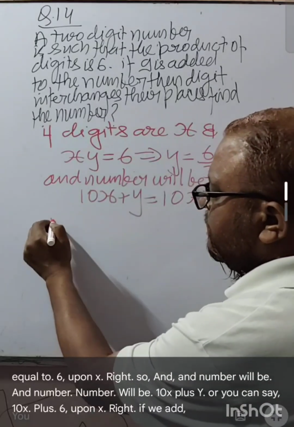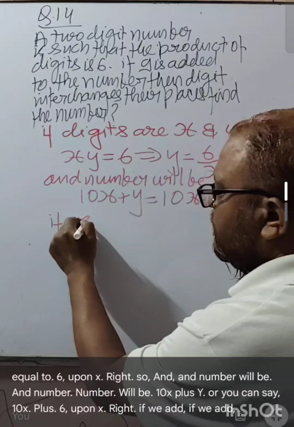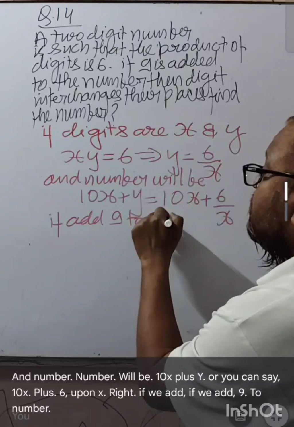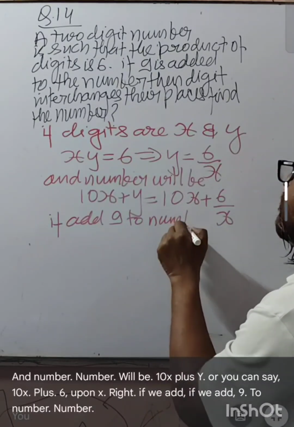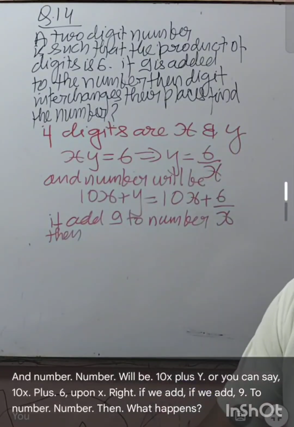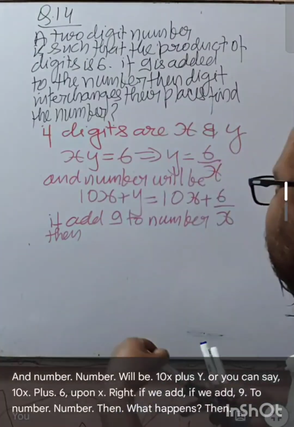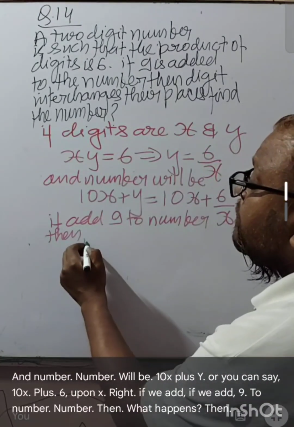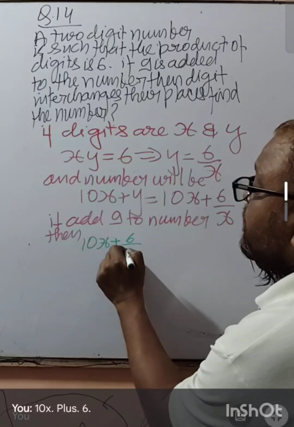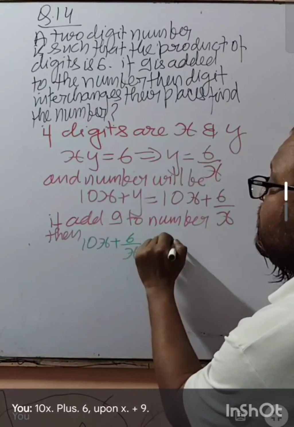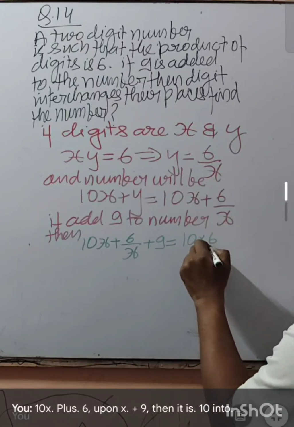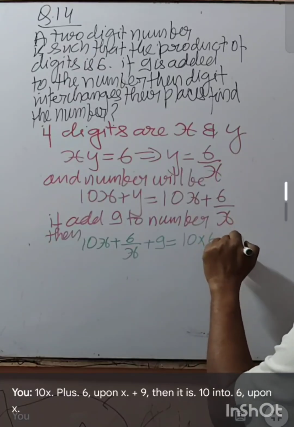If we add 9 to the number, then it is 10x plus 6 upon x plus 9.